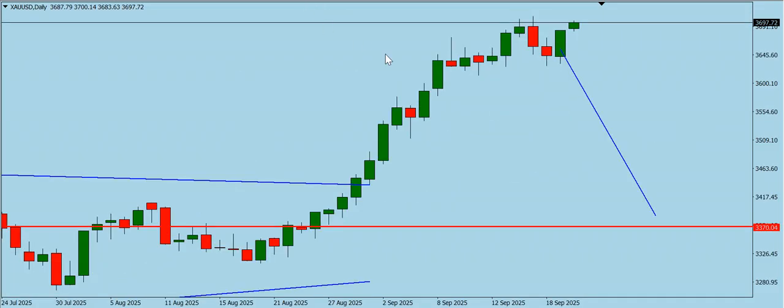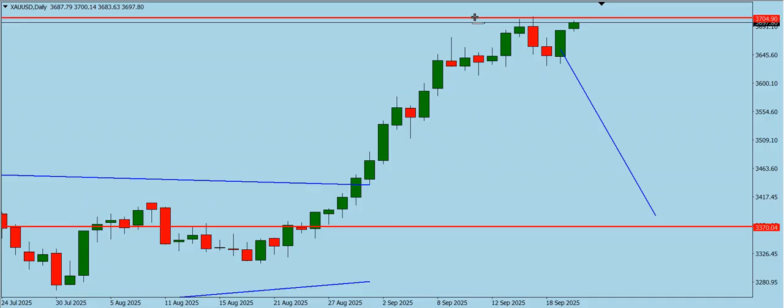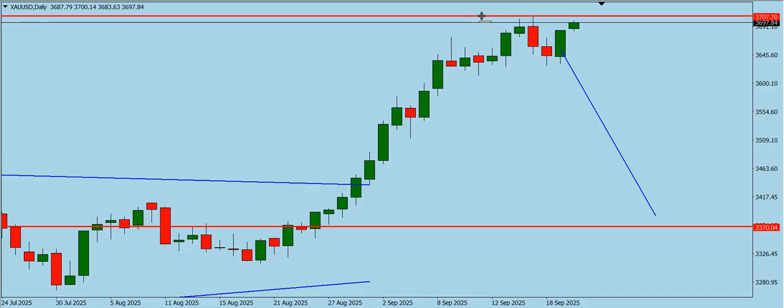On the daily time frame, price is currently ranging. The range high is around 3704 or thereabout. On a break above that level, we expect price to get to the second resistance for the pivot analysis, which is at the 3720 level.